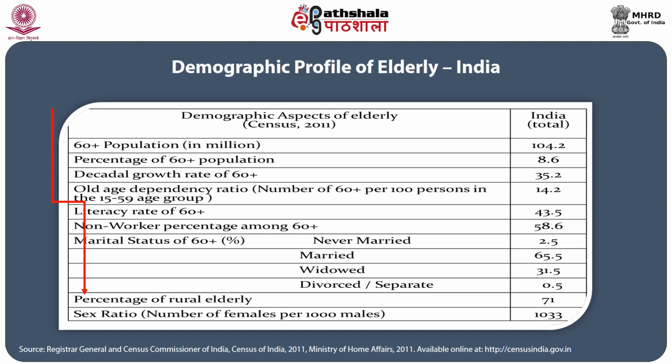The characteristic of rural areas is that they are devoid of infrastructure facilities: access to health is an issue, electricity is an issue, and the geography in which they live also adds to the problems in addressing rural elderly issues.